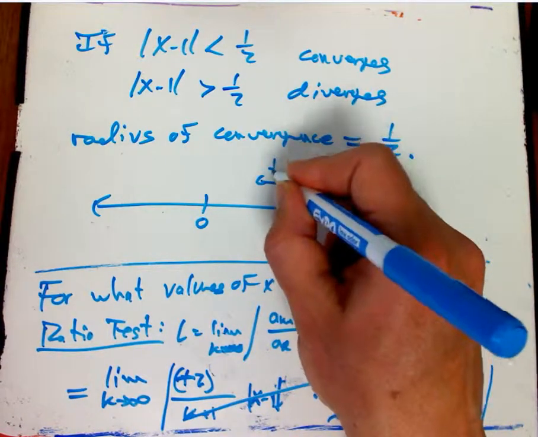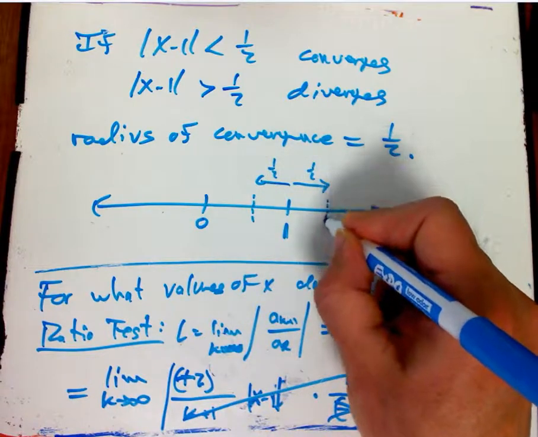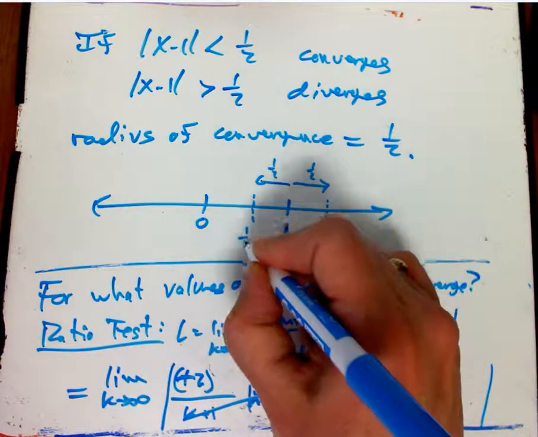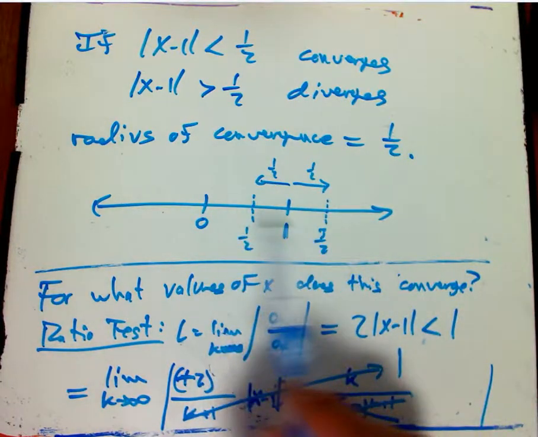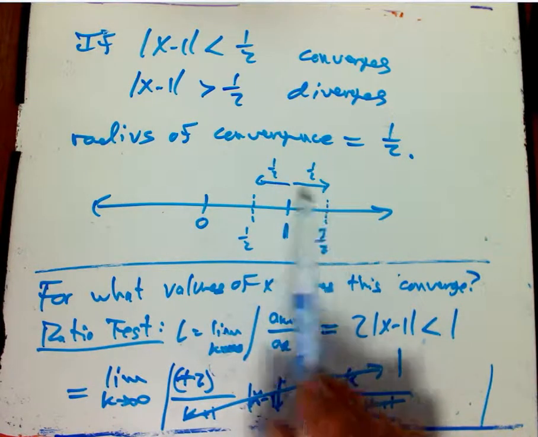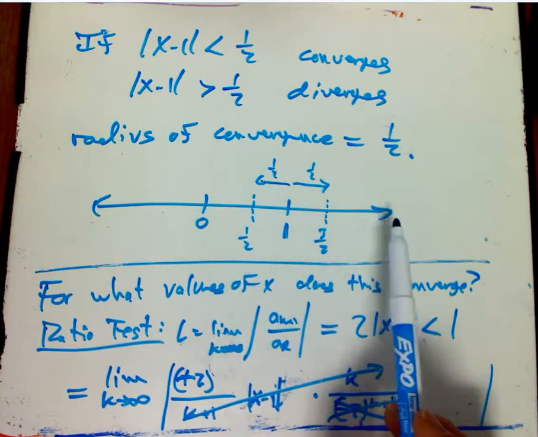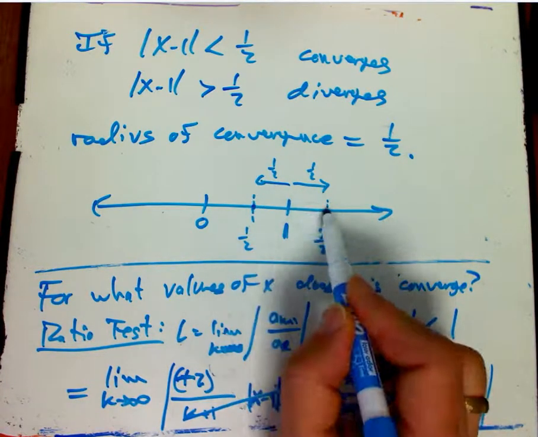In this case, it's 1/2, and you're going to have an interval. I'm going to put a little dotted line because I'm not sure quite what happens at the endpoints right now. You're going to have some radius, and it's going to be a symmetrical interval around a, and inside that interval, properly inside, it will be convergent, and outside it will be divergent. And then the remaining mystery is often what happens at those two endpoints.